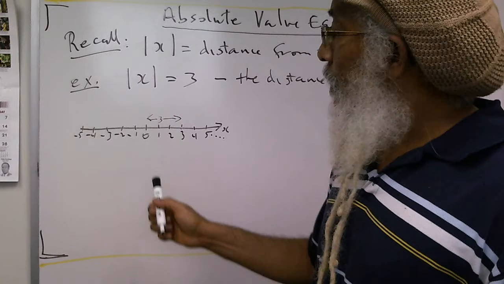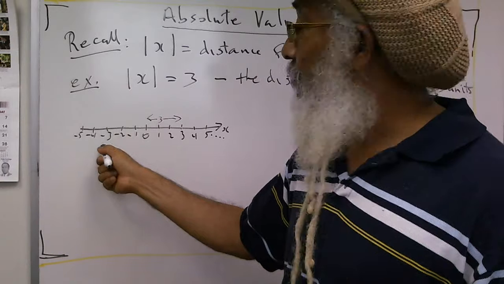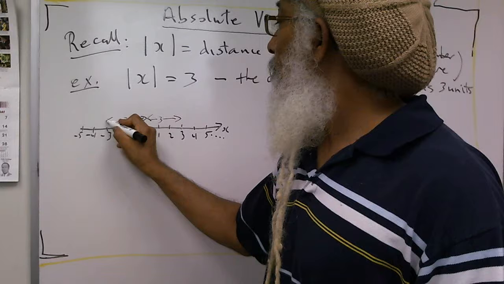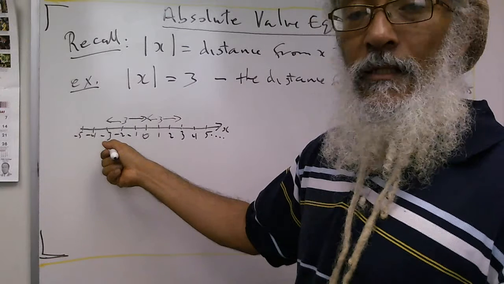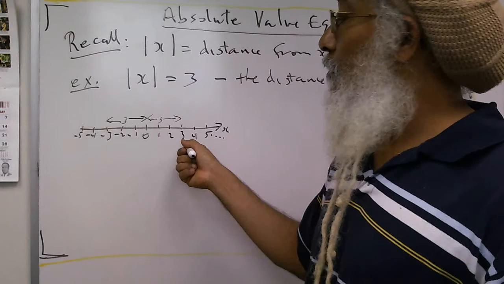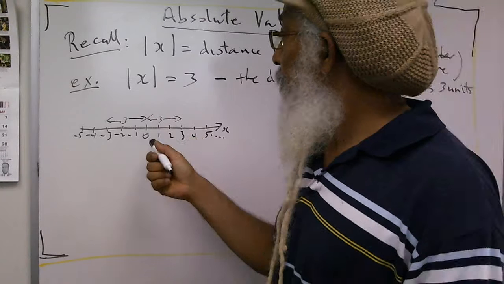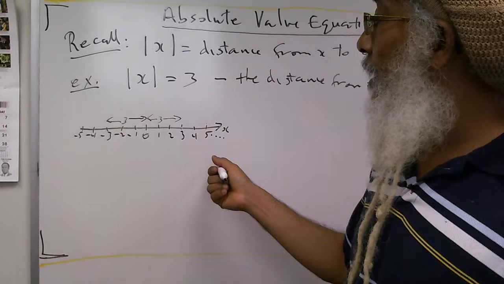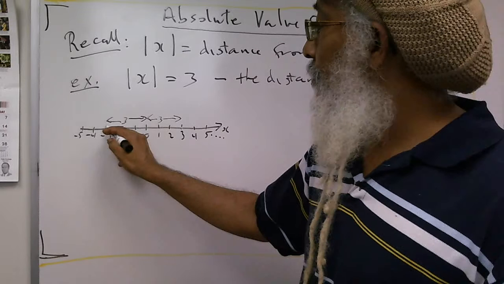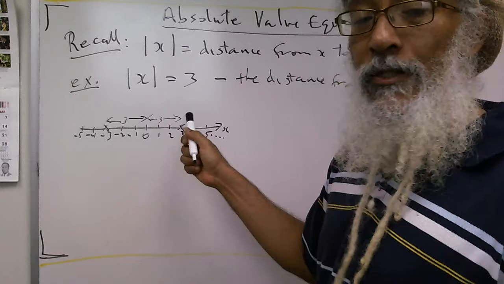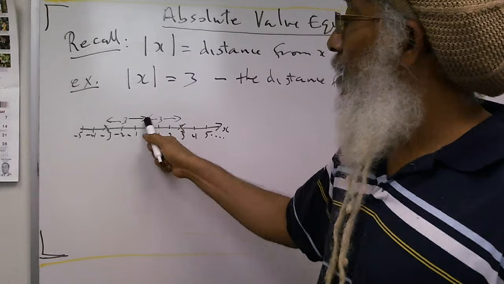The point that is labeled -3 is also situated 3 units from 0. Of course, the negative sign is added to distinguish it from the 3 on the right-hand side of the 0. So if we look at the number line, we see that there are 2 points which are situated 3 units away from 0.